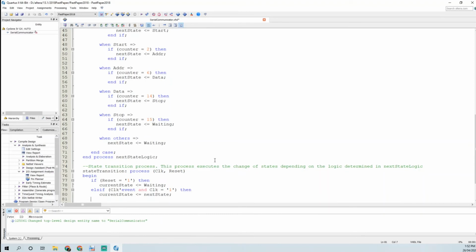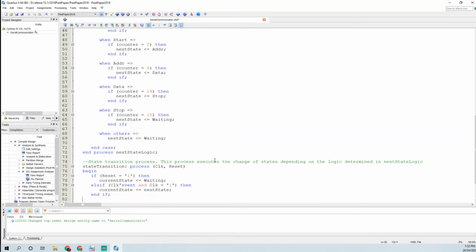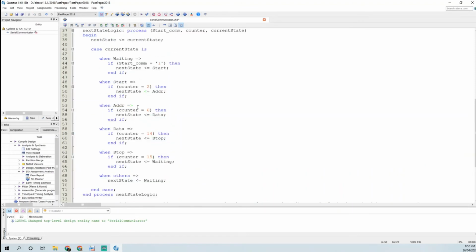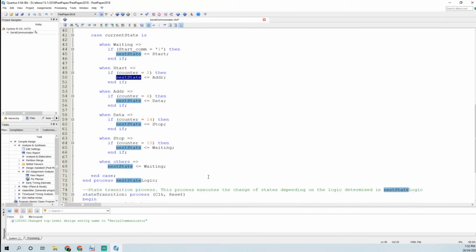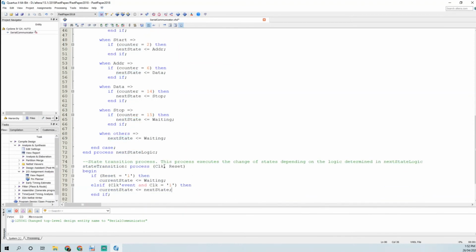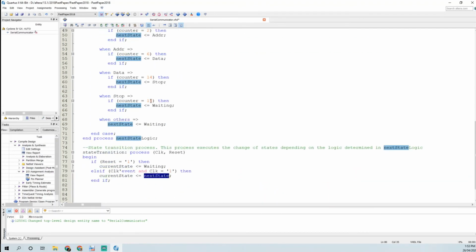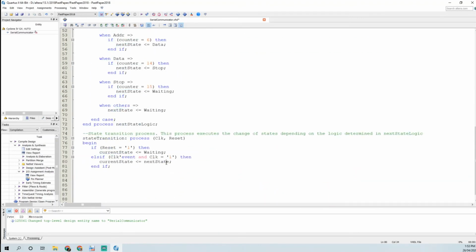Now this process has no notion of what the next state is going to be based on the current state. That is assigned here, right? So if the next state is assigned here, all this is doing is every rising clock edge, whatever is the value in next state found in this previous process is going to be assigned here.